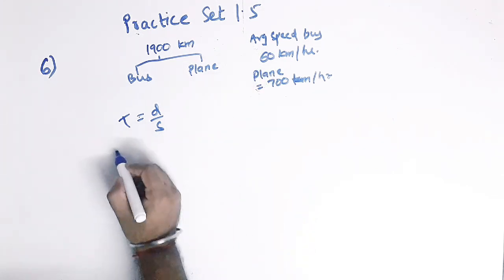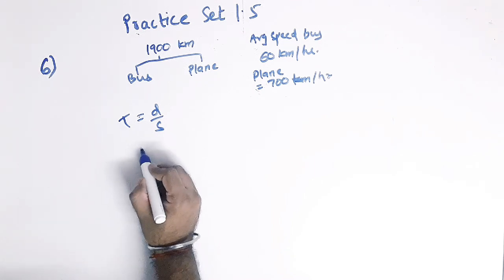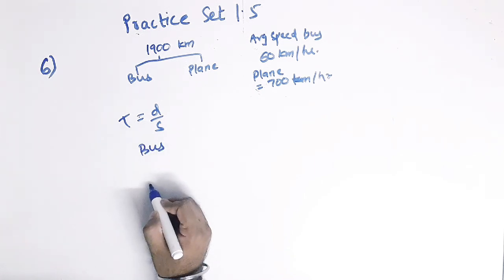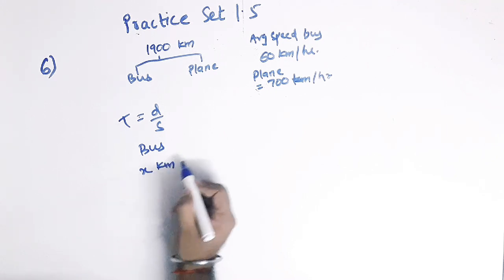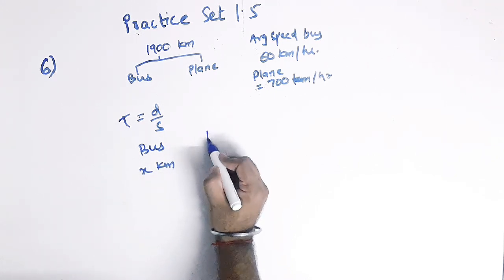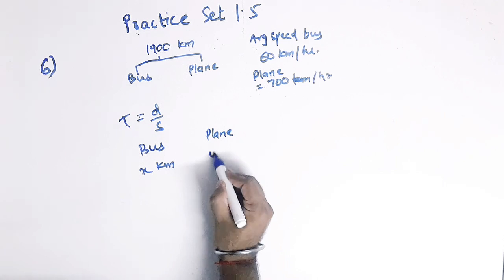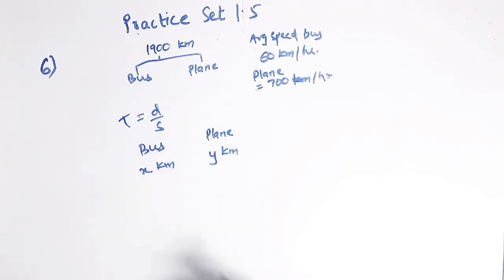Distance we don't know, so let the distance traveled by bus be x kilometer and distance traveled by plane be y kilometer. These are the two important things we are taking.